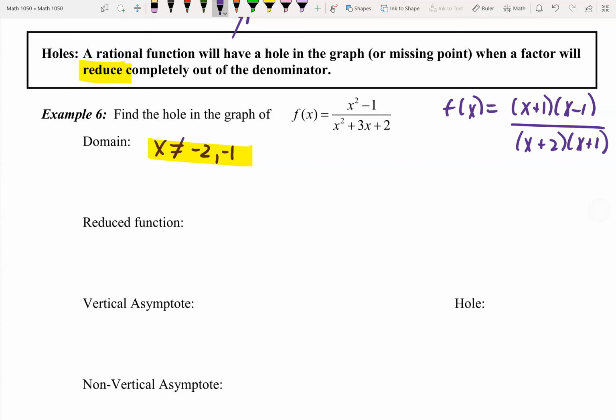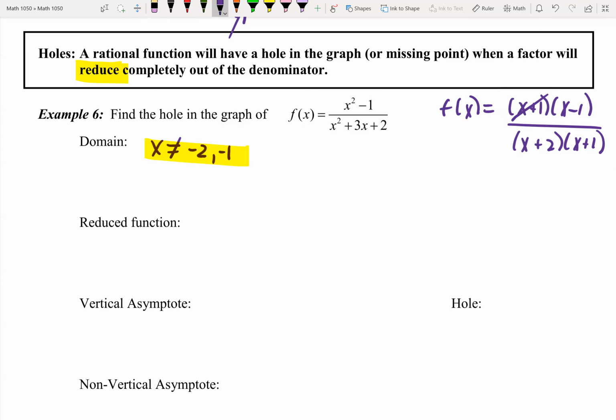If it reduces, and I have exactly an x plus 1 here and exactly an x plus 1 there, everybody freeze. The second it reduces, I know I have a hole. So before you even write down that reduced equation, I want you to come over here to where it says hole, and I want you to fill in the x. What is the x coordinate of the hole? Tell me. -1. How did you do that?